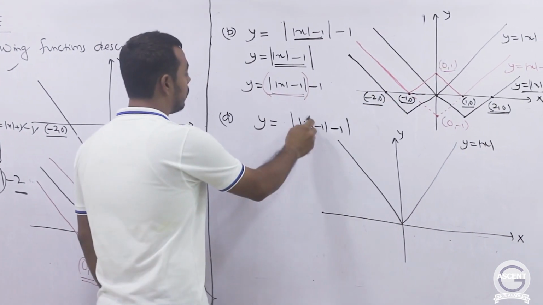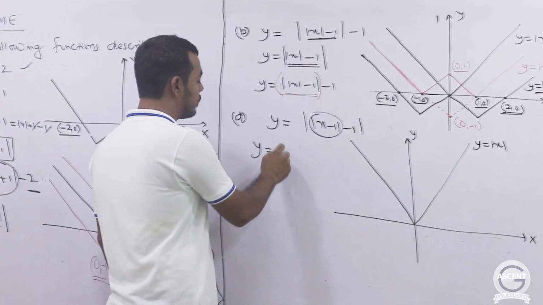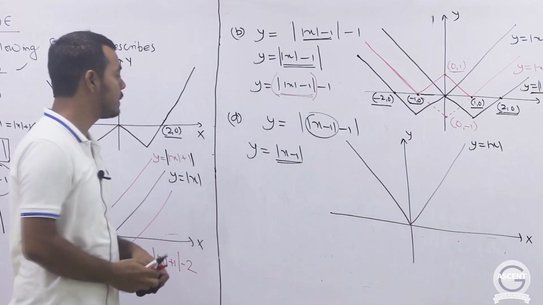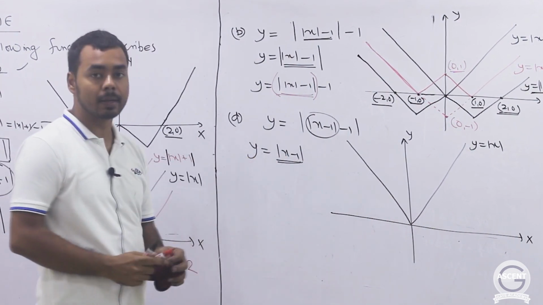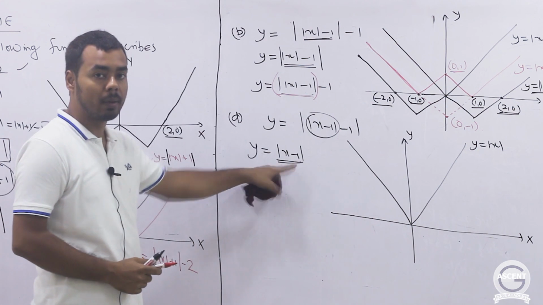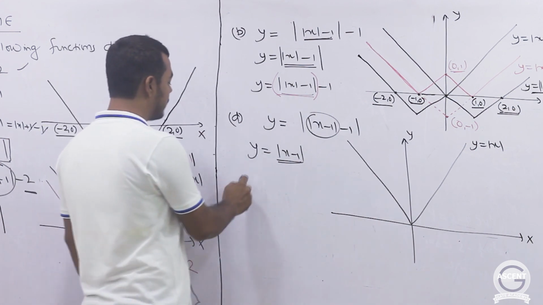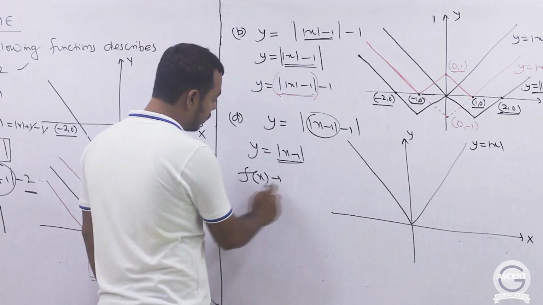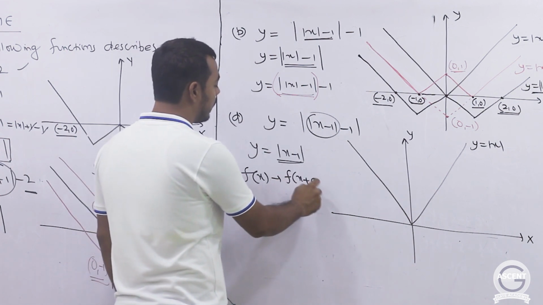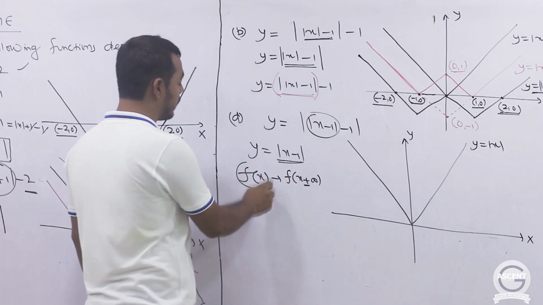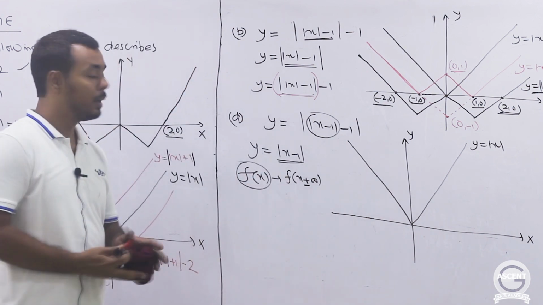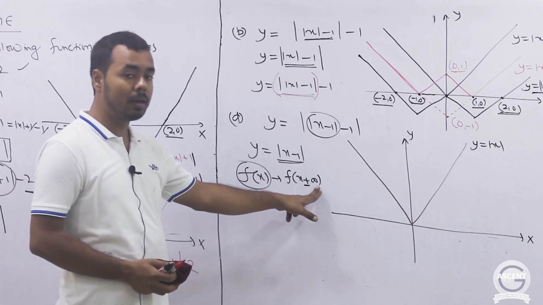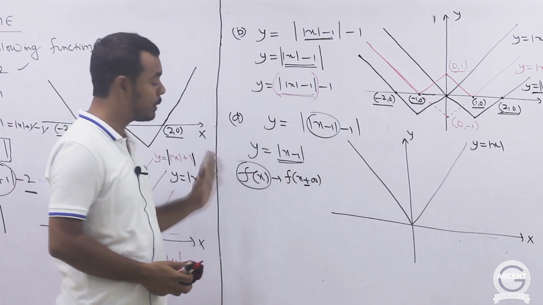Now next we need to draw the graph of this function y equals to mod of x minus 1. As you can see, here x has been replaced by x minus a, where a is 1. We have seen in our earlier discussion in case of horizontal shift that if we want to draw the graph of the function f(x) plus or minus a from the graph of y equals to f(x), then if you have plus sign, you need to shift the graph by a units towards negative x-axis, shift towards left.